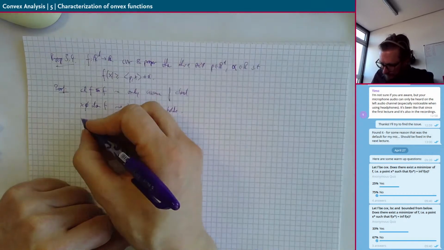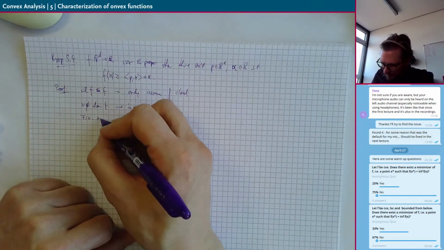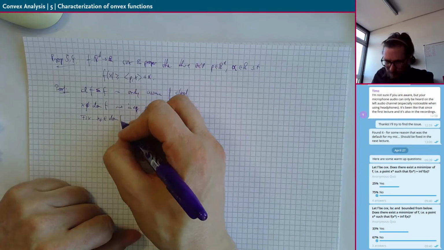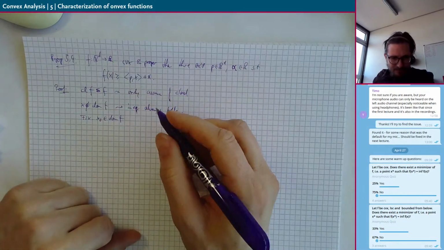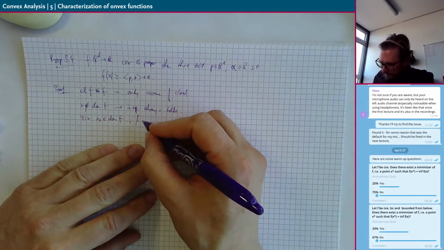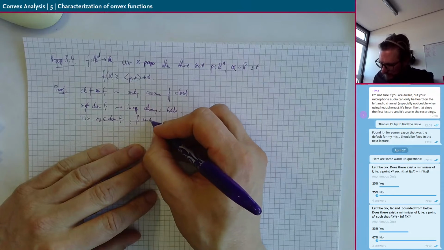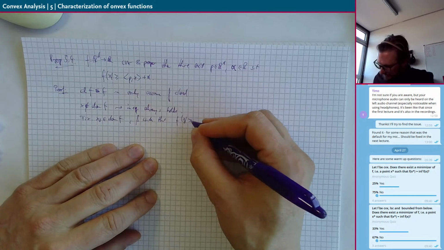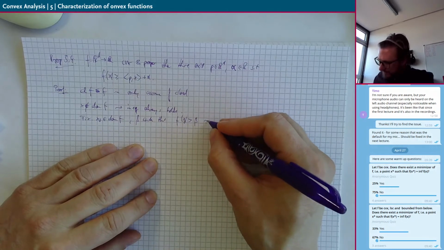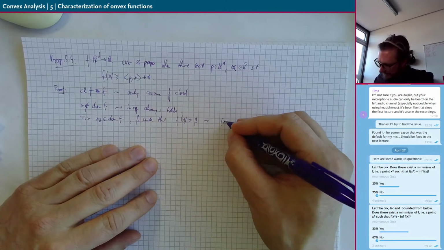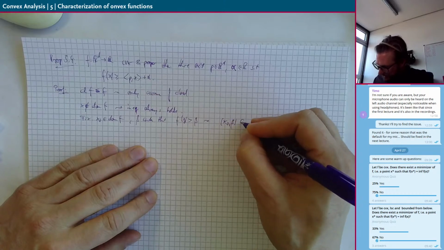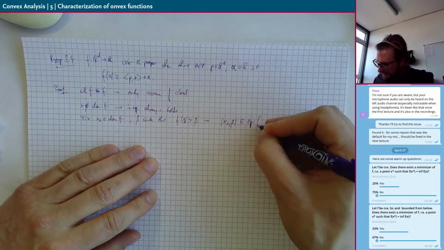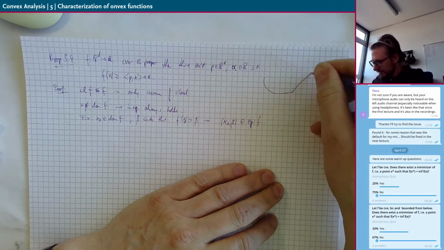Okay, now we fix some x0 in the domain of f, and a beta such that f of x0 is actually larger than beta, which means that the tuple (x0, beta) is not in the epigraph of f. So we have our convex function here, like this.